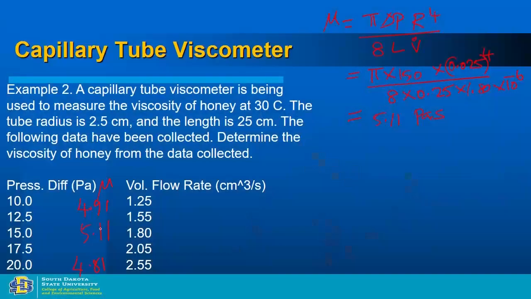If it is, let's say, 4.91 and the next number is 4.1 and then the next is 3.4, then it's shear thinning. You start with the higher viscosity and it goes down, then it is shear thinning, non-Newtonian.